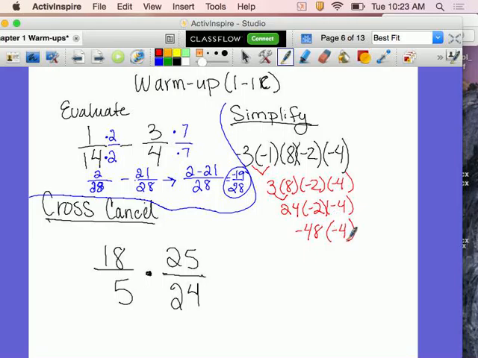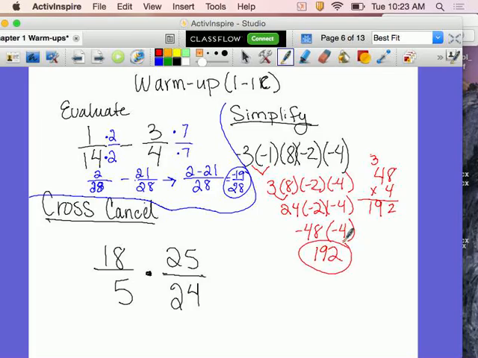Negative times negative is positive, and then 48 times 4: 8 times 4 is 32, 4 times 4 is 16, 17, 18, 19. So it's a positive 192.